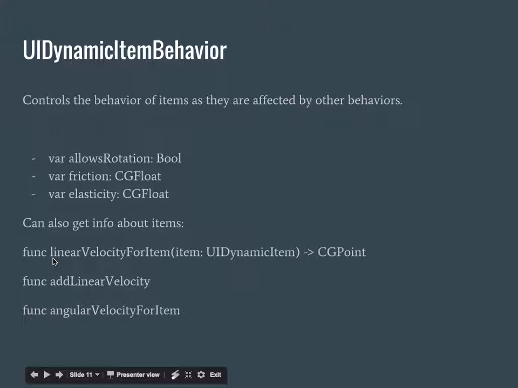So we have some functions for the dynamic item. For example, we would like to apply a linear velocity to the item. Later we will use this one for Flappy Bird. Why? By default, the bird will be affected by the gravity, right? So by default, if we don't apply any force to the bird, it will fall down by the gravity.